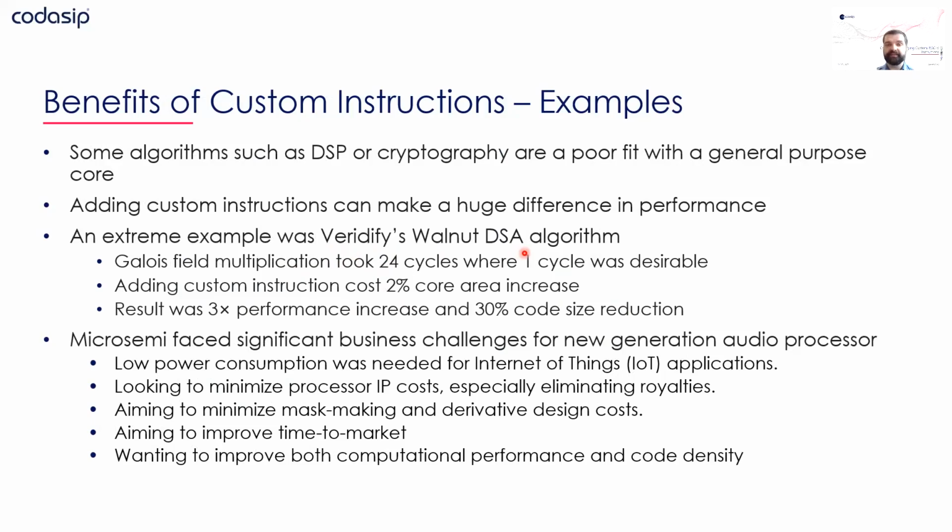When we implemented this single instruction, we measured the size, and it's about 2% more compared to the baseline. But if you look at the performance, it's more than 3x, and at the same time, thanks to the instruction fusion, we were able to reduce the code size by 30%.